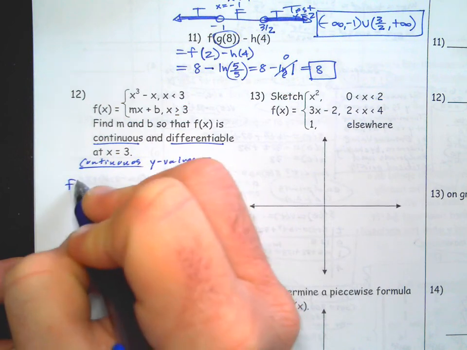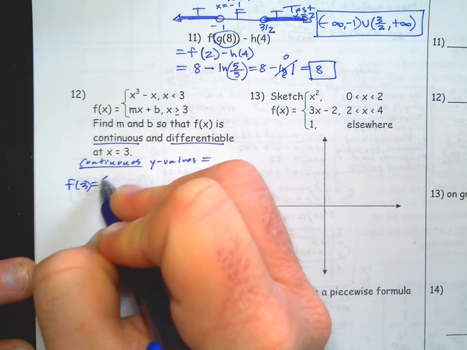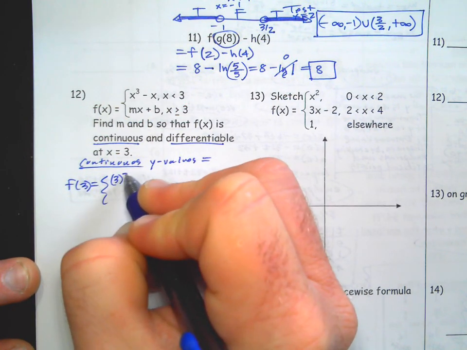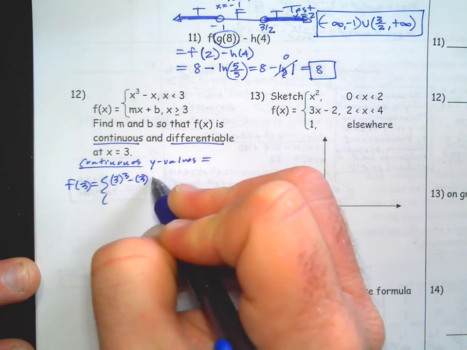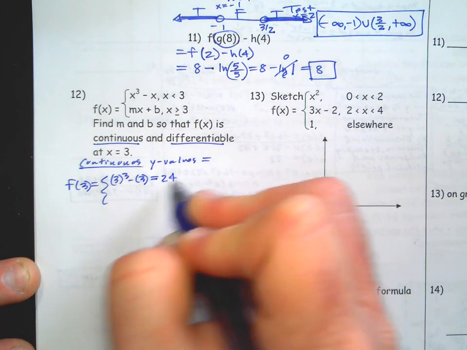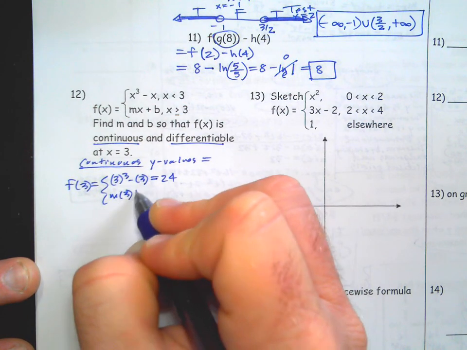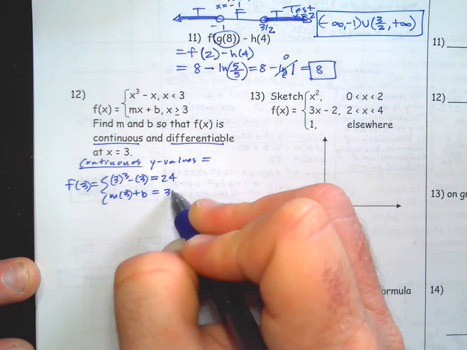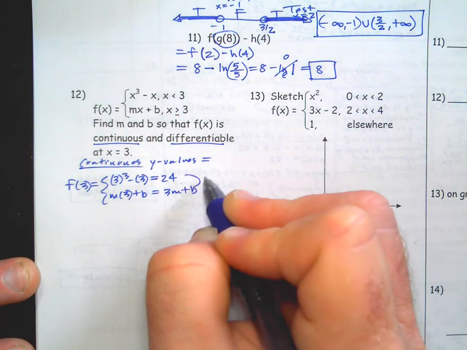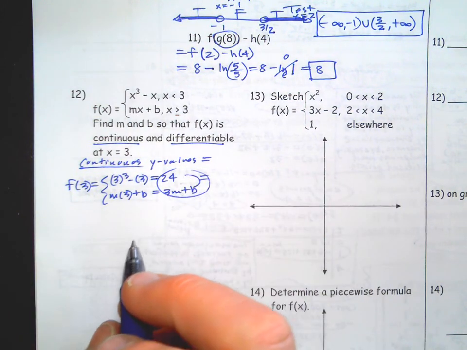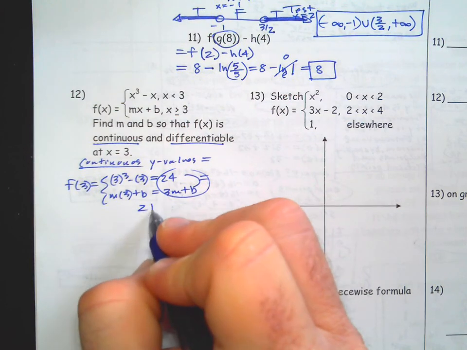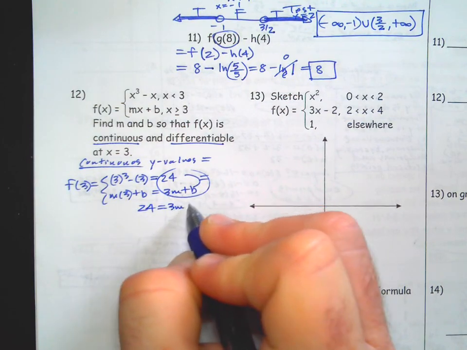So plug 3 into them. 27 minus 3 is 24, right? And then you plug 3 into this, and it gives you 3m plus b, and these have to be equal to each other. So there's one of your equations: 24 equals 3m plus b.